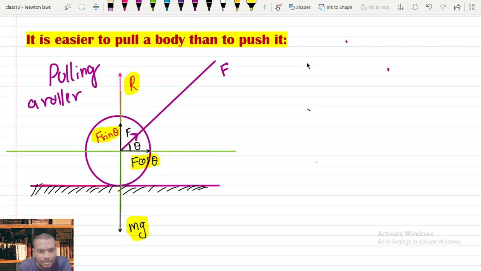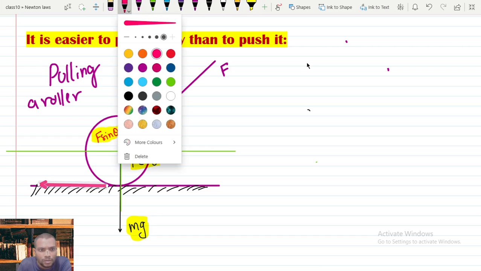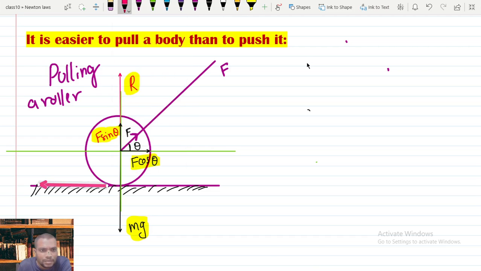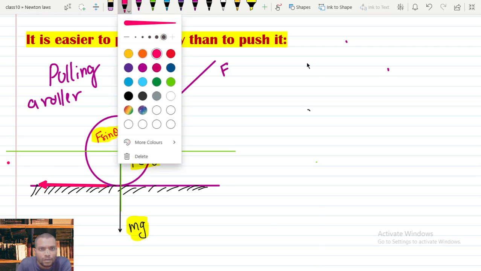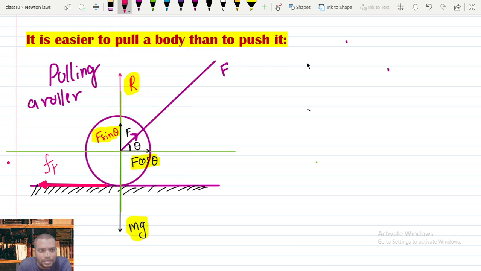I can represent this with a very thick line so that we can see it clearly. This is the friction force, which we represent as F_k, the kinetic friction, acting opposite to the applied force. Now this is the corresponding diagram.